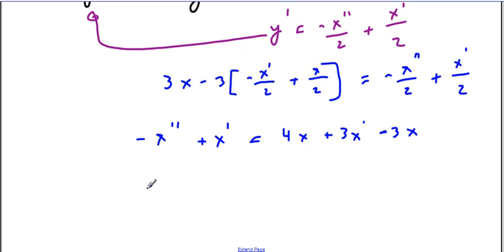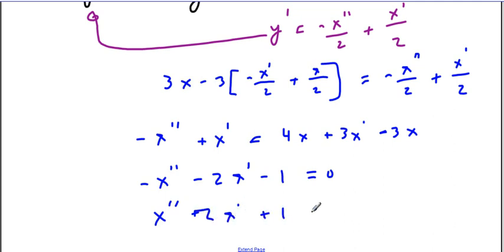And we can rearrange those, manipulate around a little bit. Minus x double prime minus 2x prime minus x is equal to 0, and we can get rid of all the negative signs. x double prime plus 2x prime plus x is equal to 0.